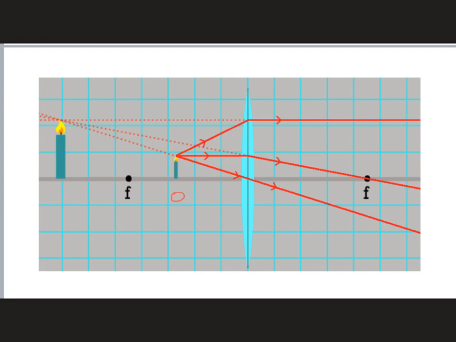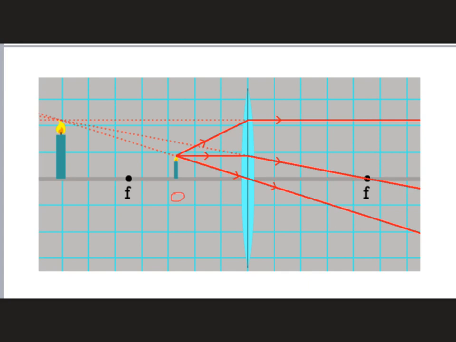Again, just like with mirrors, the ray that's on the line from the focal distance through to the tip of the candle, the ray that continues that line to the lens, is going to come out parallel. Rays along that line come out parallel.